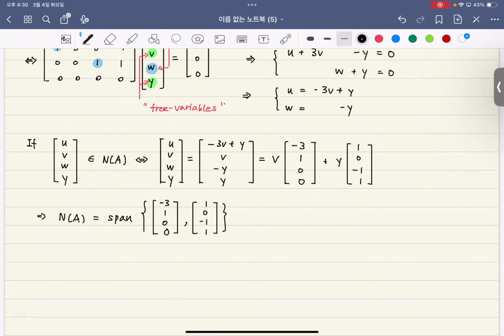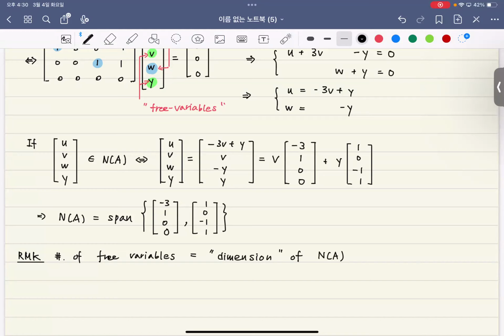Just one more thing to add. The number of free variables is, well, I'm really sorry that I haven't given you the definition of the dimension, but I just keep saying the dimension. Sorry about this.